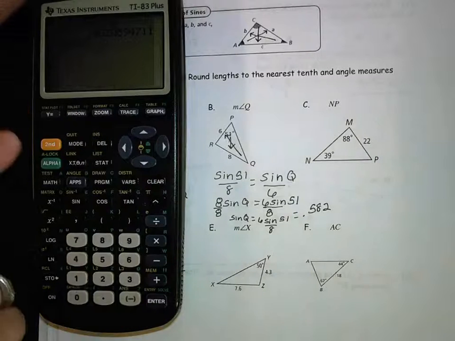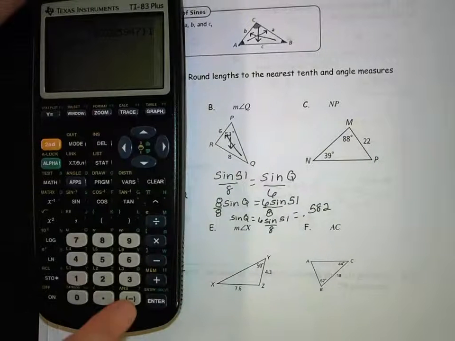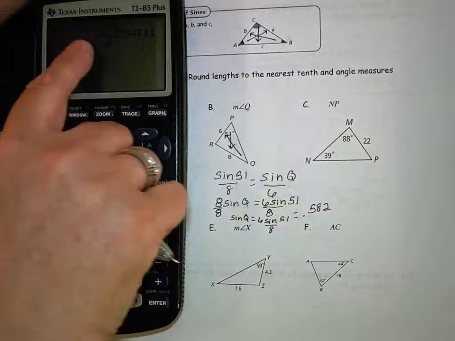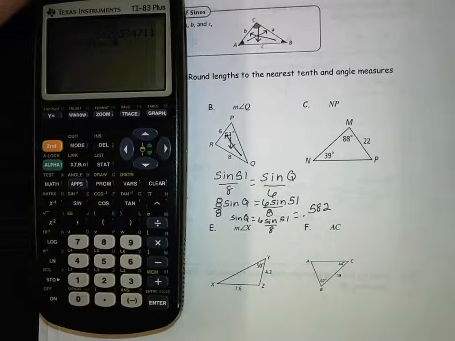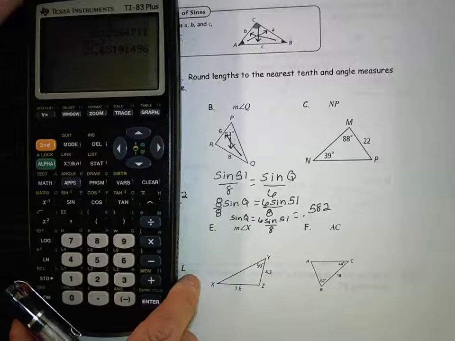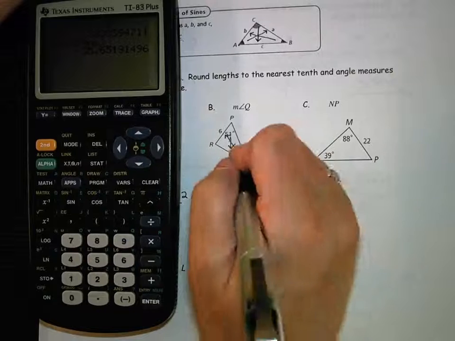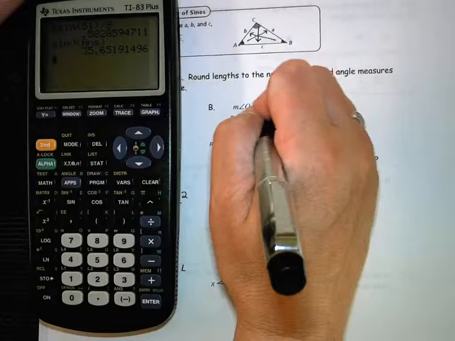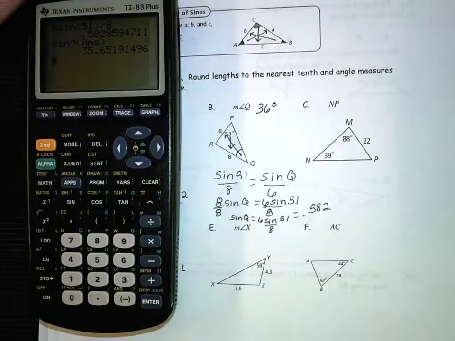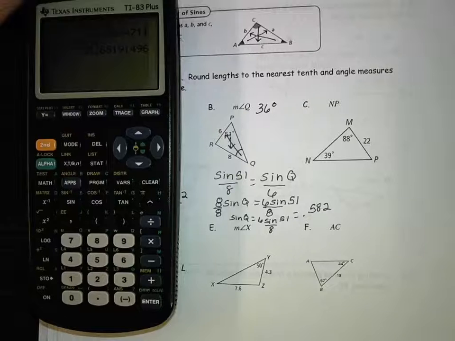And then to pick that answer up, you do second and then answer, and the calculator just entered that 0.582859471 in there for me. And that tells me that my angle right here is 35.6, and I'm going to round that to 36 degrees.